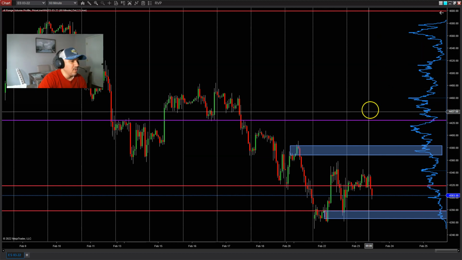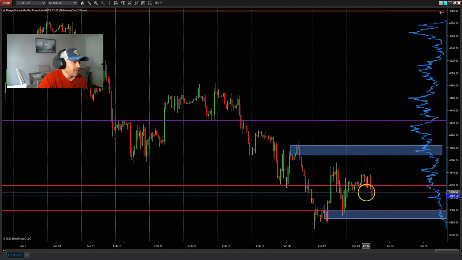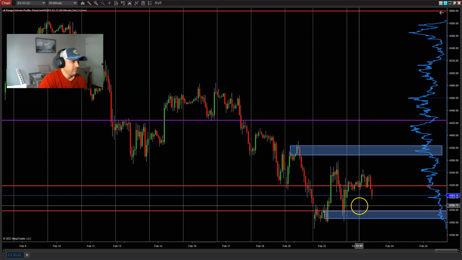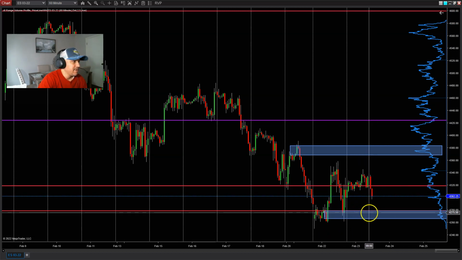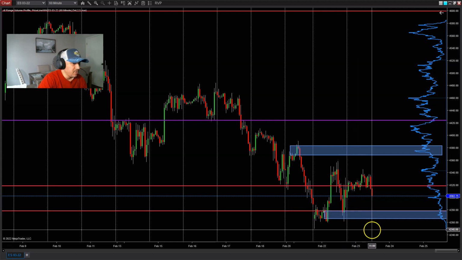Now, knowing that price can trade either way, I like to look for opportunities to go long if price can get back to this area of demand. It's already hit this area once, so be mindful and careful if price gets back down here, because it can just shoot right through it and push lower.